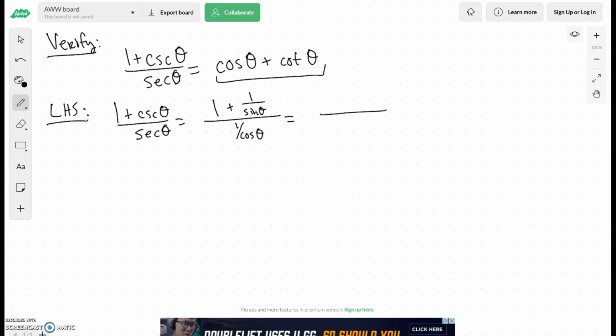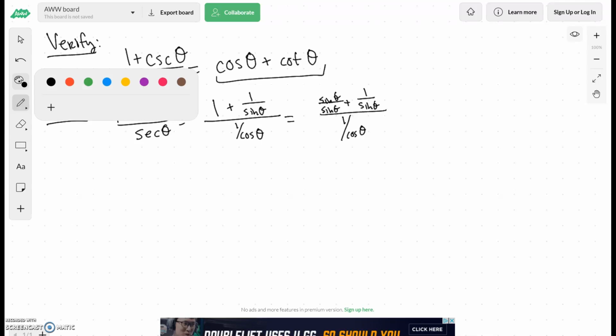I know this is 1 over sine. In order for me to make this 1 into a sine, I have to put sine theta and sine theta on top and bottom. Then I have 1 over cosine. So all I just did was rewrite this 1 into this sine over sine thing.